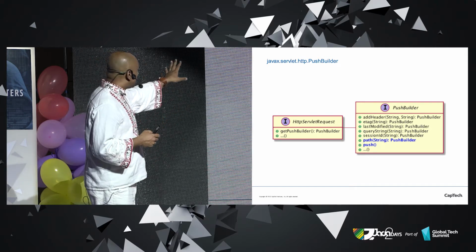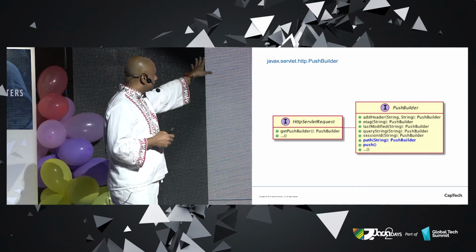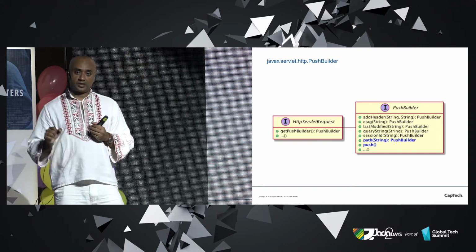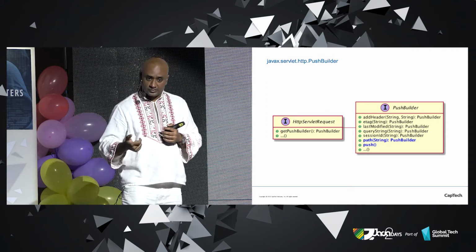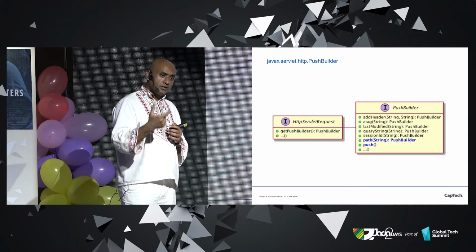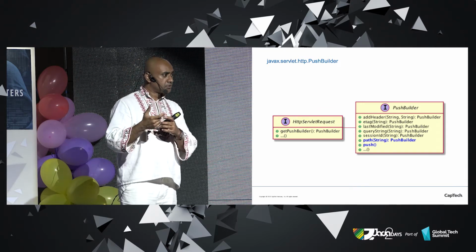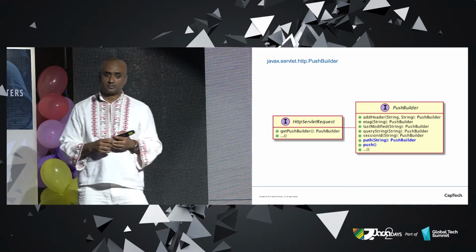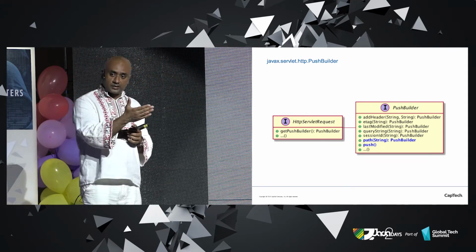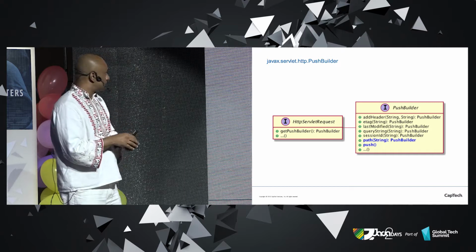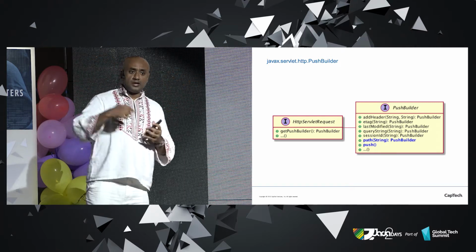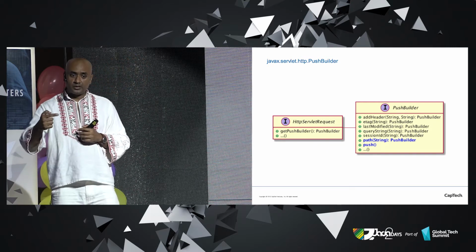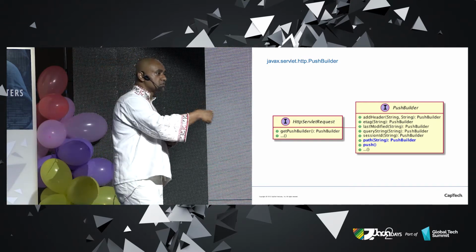It's just a new method added to the HTTP servlet request. You'll have to visualize this for a second. You're receiving an HTTP request, and within this request, in your doGet method, you're serving it. As part of that request-response cycle processing, you can use the push builder API to say, hey, when you load this resource, by the way, you also need to load these other resources.